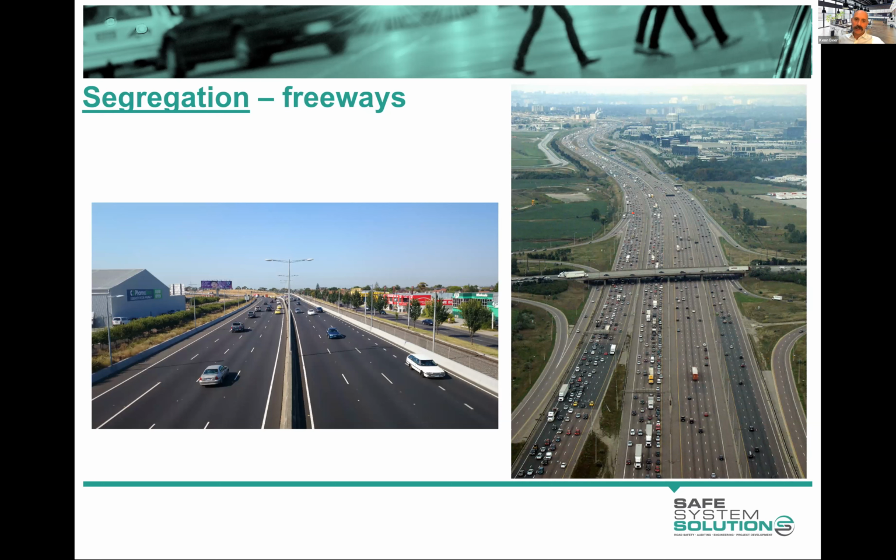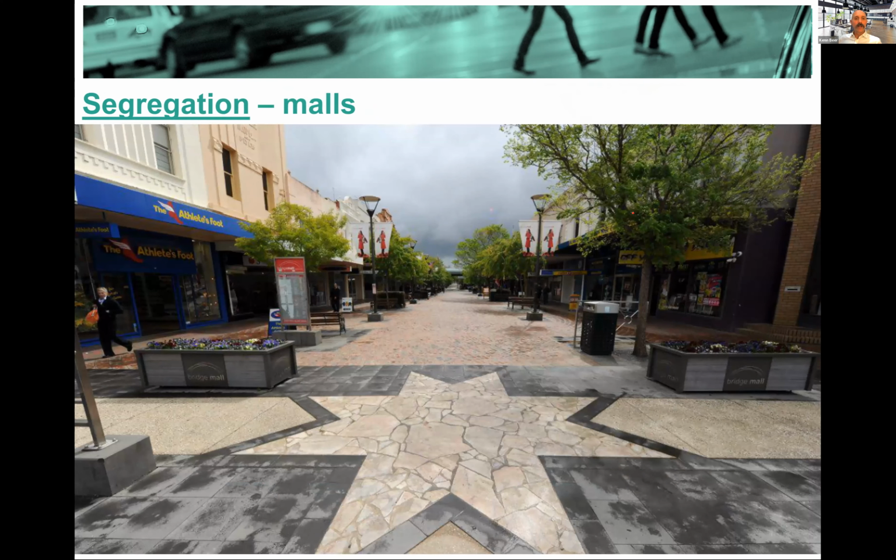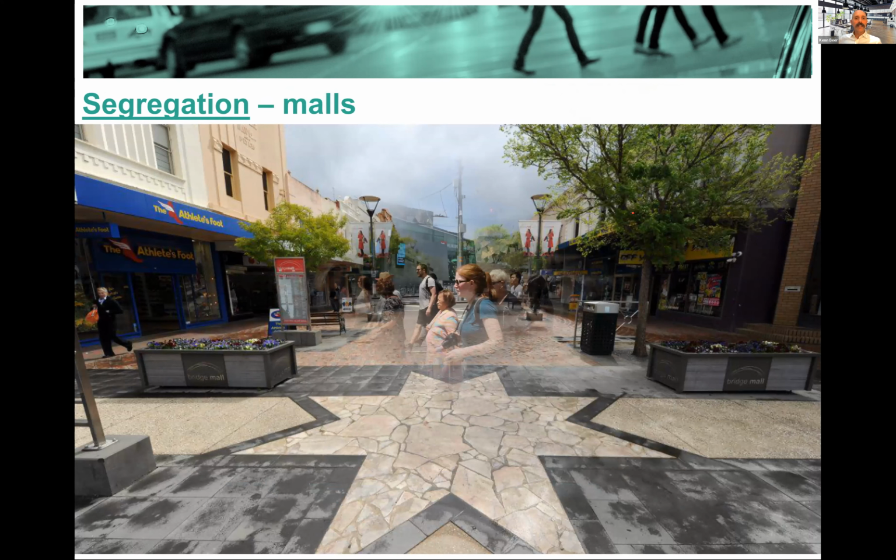If you do crash analysis of motorways, unfortunately, you do see pedestrians in your data quite a bit. It's often people getting out of vehicles for one reason or another, which is categorised as pedestrians in that sense. And your malls, of course, and areas where vehicles are not allowed, and so that's our segregation.